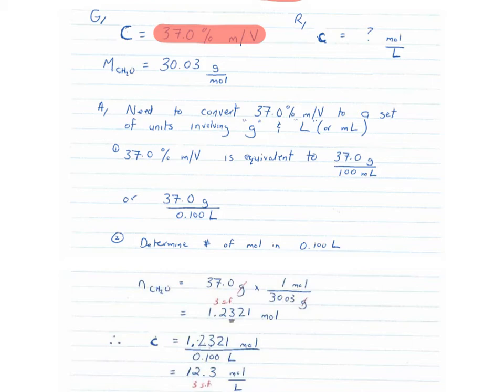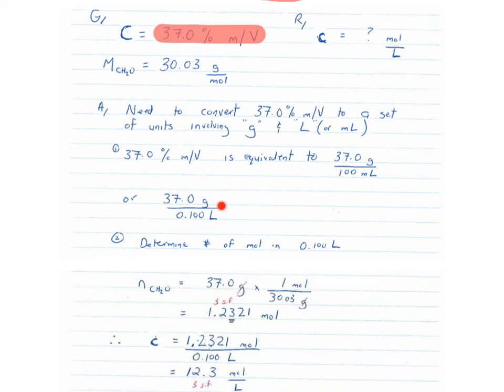But we know that we want to get an answer in moles per liter, and so it would probably be more beneficial if we take this piece of information right here and convert it to liters. So 37 grams for every 0.100 liters, keeping in mind that 0.100 liters is equivalent to 100 milliliters.